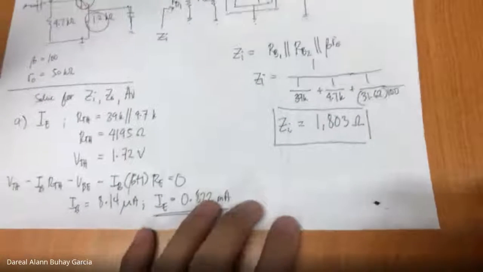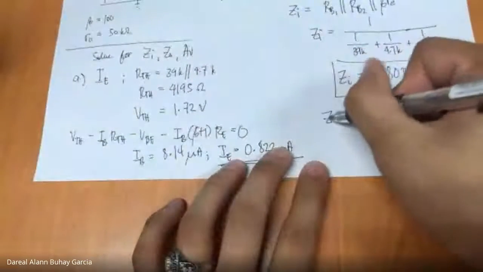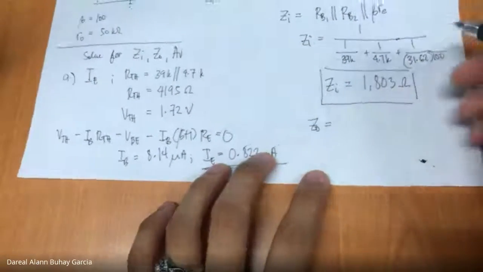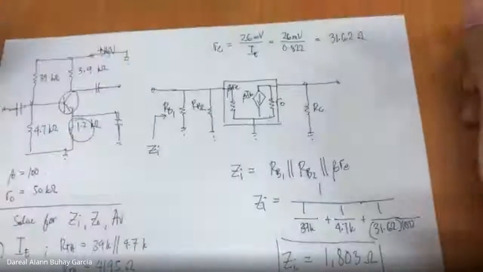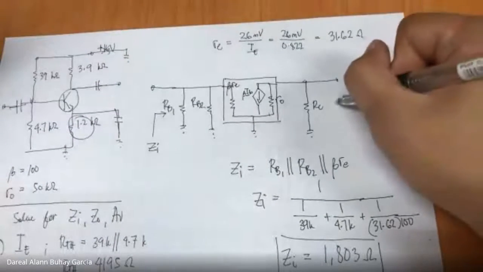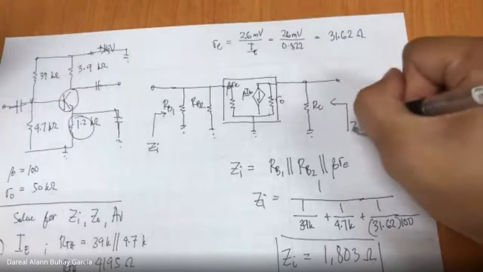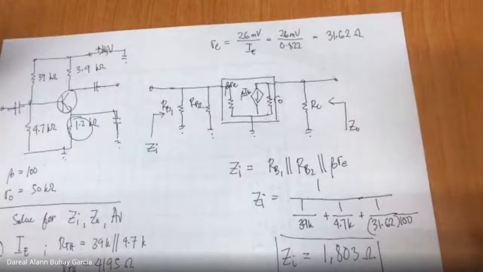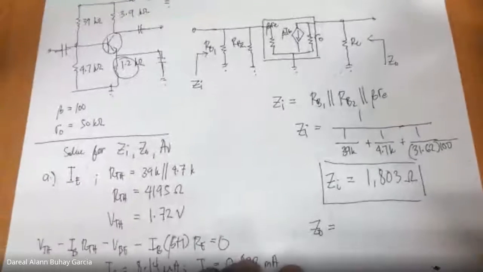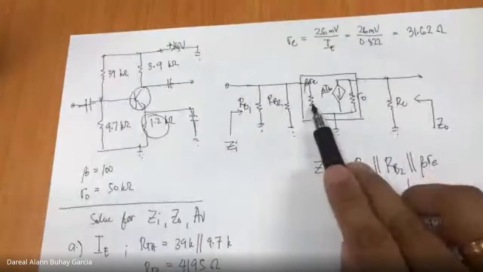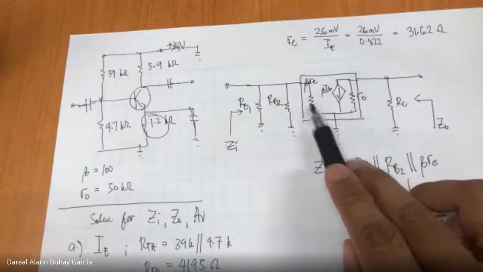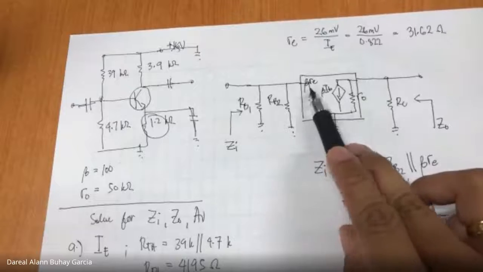Okay. Ito. ZO. Output impedance. Multiply beta kay ang value ani nga resistor sa atong model is beta RE man. No?